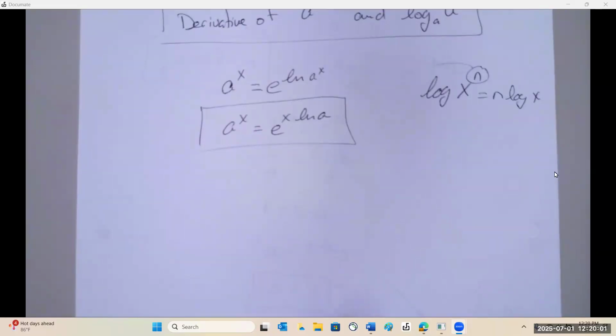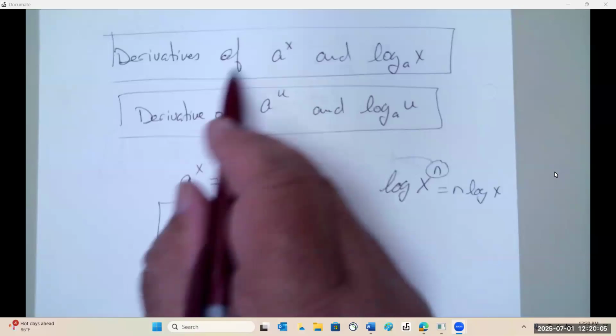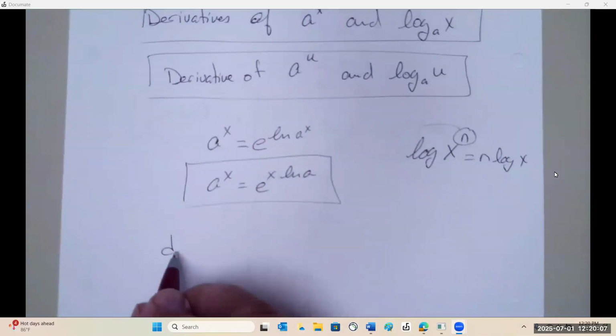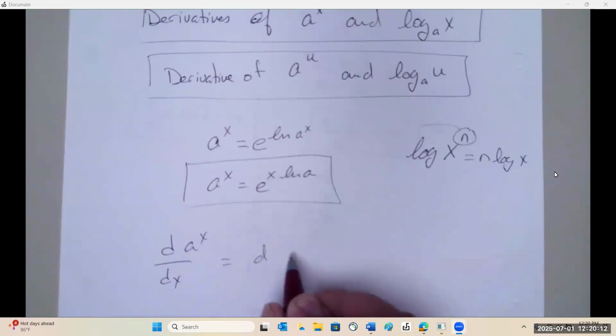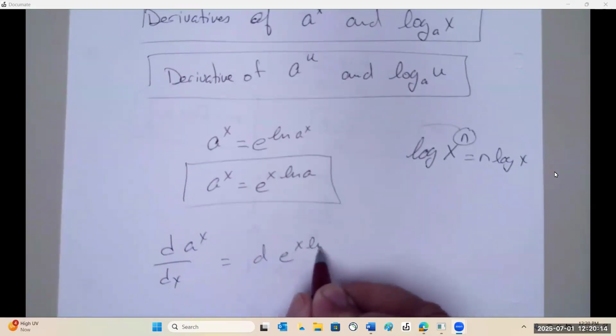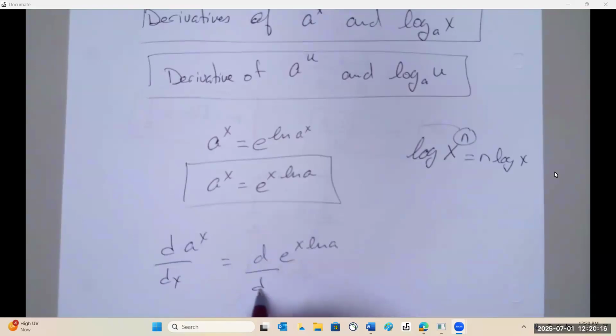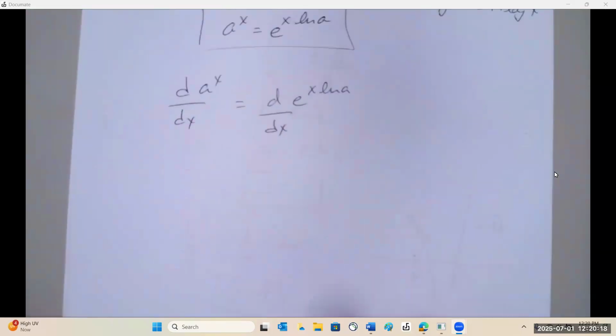So where's the example? Well, we haven't done derivatives yet. So if we took the derivative of these, because we're looking for the derivative of the basic function, then we'll expand it to a function of u.